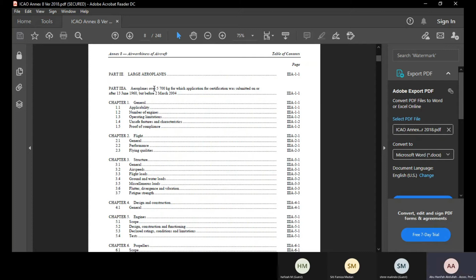Malindo, what aircraft have you been operating? This is ATR 72 and 737 NG. 737 NG. So where are they? Are they here, part 3A? Oh, yes. So it was before March 2004 for both aircraft.